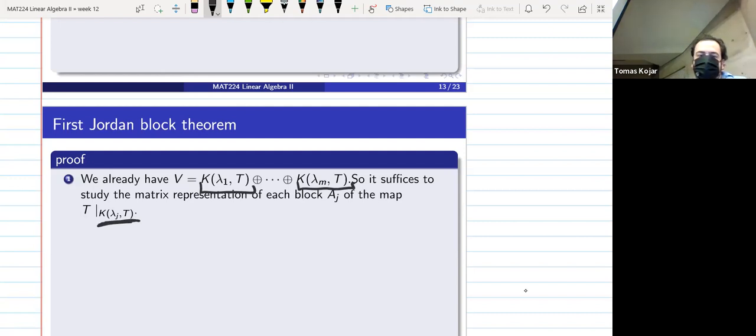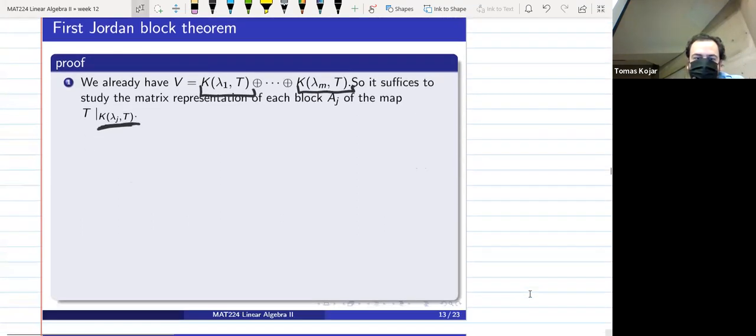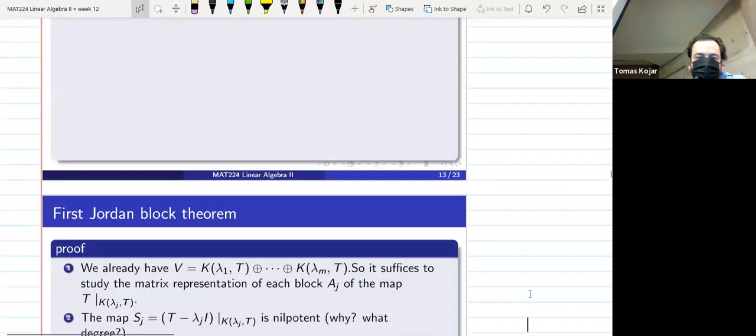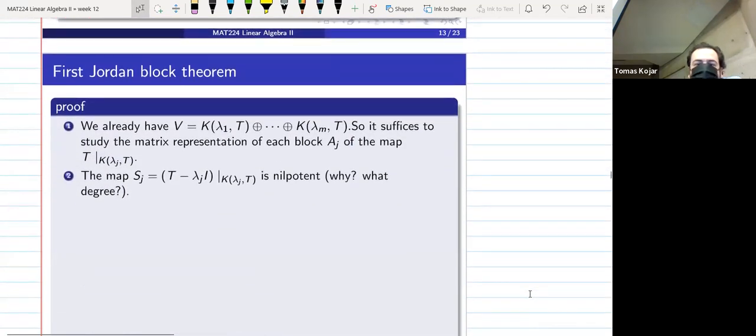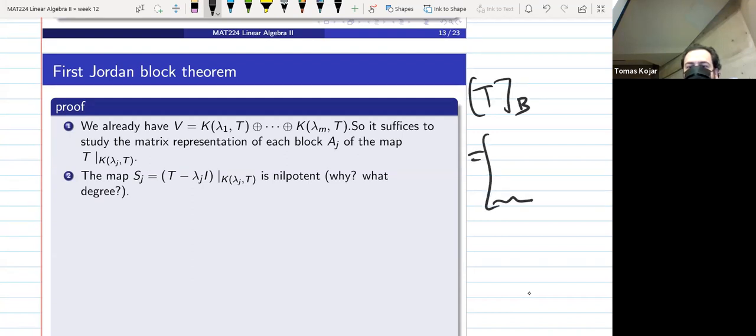Okay. So let me draw it here. For example, we're going to study T_B, and we're going to study, let's say, the K_lambda1 basis, which are the first columns, which corresponds to the first matrix.